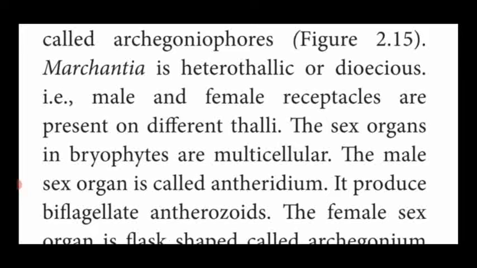That is, male and female receptacles or gametophores are present on different thalli. That condition is called heterothallic or dioecious. Di means two different sex organs. Hetero means different. So different thalli produce the different sex organs with a gametophore or stalk-like receptacle.